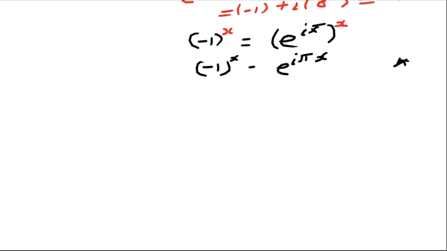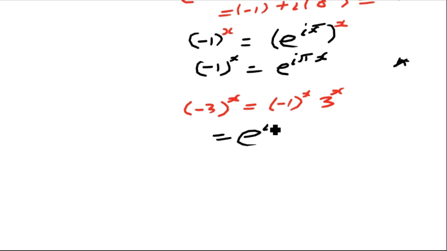Now we have that negative 3 raised to power x is negative 1 raised to power x times 3 raised to power x. And negative 1 raised to power x we found is equal to exponential i pi x.